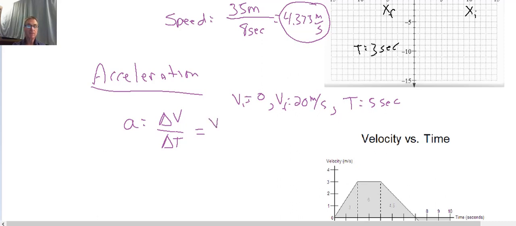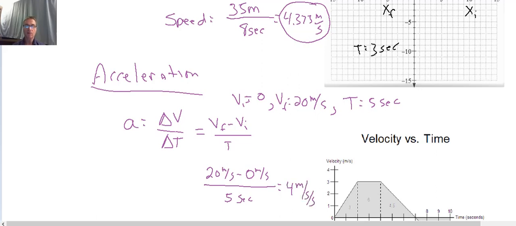So this is going to be v final minus v initial divided by the time it took us to do that. In this case, it's going to be v final, which is 20 meters per second, minus v initial, which is 0 meters per second, divided by 5 seconds. That's the time it took us to do that. And we end up with 4 meters per second squared. We also write this like this, 4 m/s².